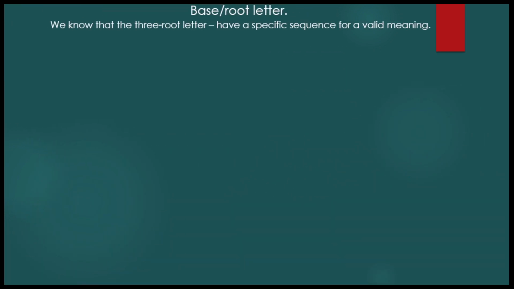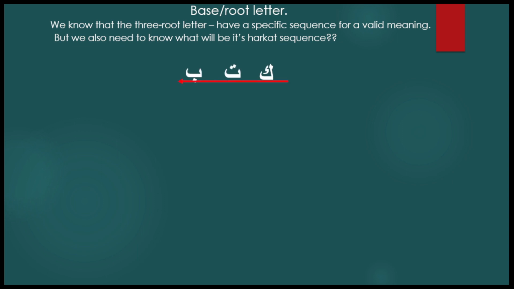Now, with this Kaf Ta Ba, the sequence of letters, we need to know the harkat on the top or bottom of these letters. What will be the harkat on the top or bottom of this Kaf, on this Ta, and on this Ba? We need to know this one.